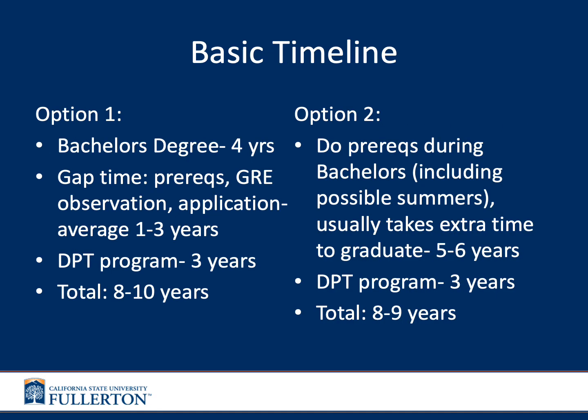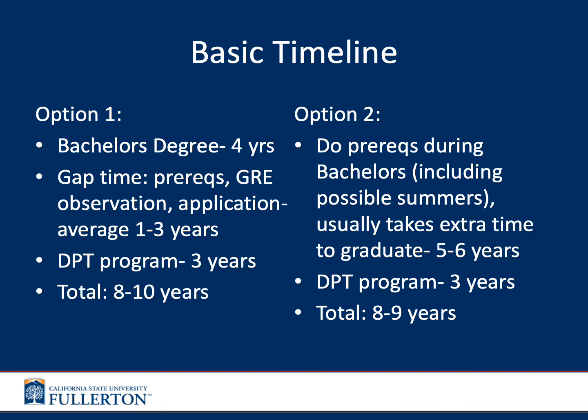In terms of looking at a timeline for this process and this journey into physical therapy school, there are two main options that we encourage students to use. Both of these options may take upwards of 8 to 10 years, so once again, this is an investment of your time, and we want to make sure that you are doing it as efficiently as possible for your situation. The first option is the one that we tend to encourage for juniors, seniors, and students that are closer to the end of their bachelor's degree, in which you first complete your bachelor's degree, you get your 4-year degree done here at Cal State Fullerton, that's why you're here, finish your kinesiology requirements, and after you have that finished, take some gap time.